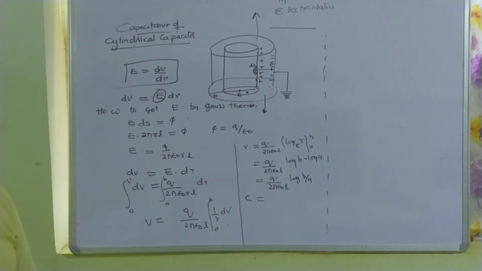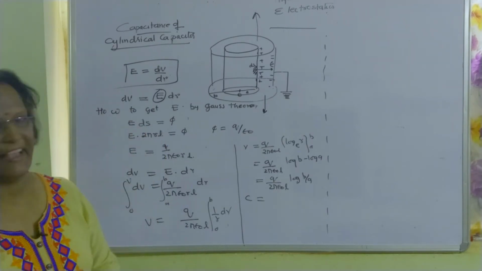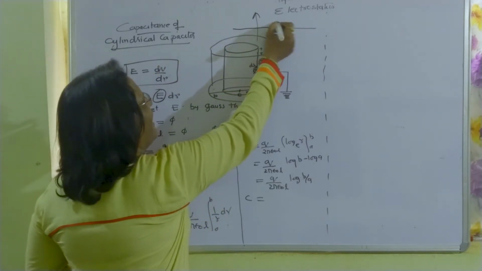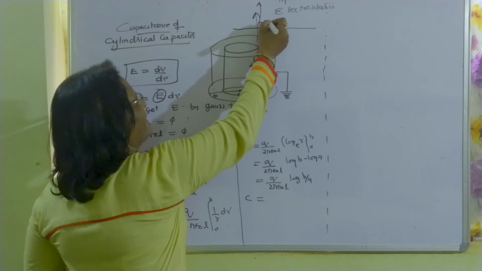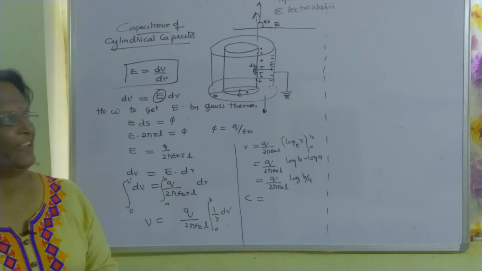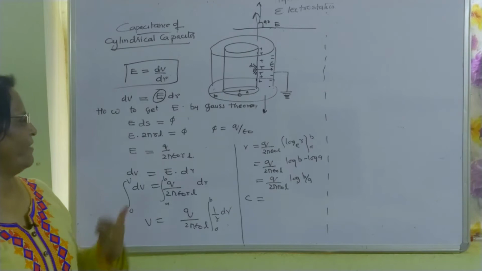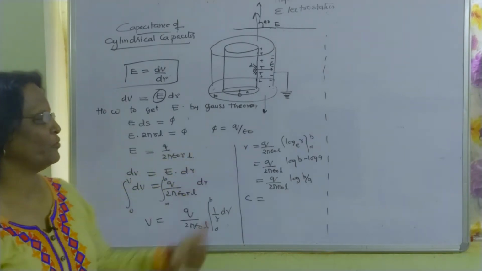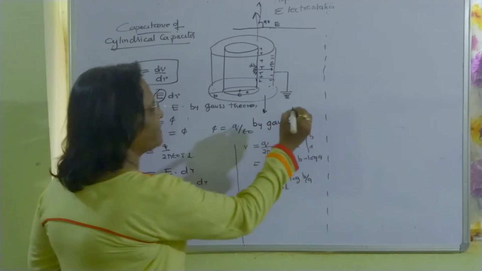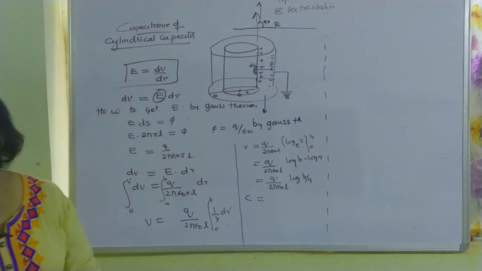The flux through the end surfaces will be 0, because the angle between E and dS becomes 90 degrees. The electric field is directed radially and the area vector of the ends is in the other direction, so we have to consider dS only as the lateral surface area of that cylinder, whose radius can be r and length can be L. And finally phi equals q upon epsilon 0. We are getting this formula from Gauss theorem, and we compare these two. E equals q upon 2 pi epsilon 0 r L.